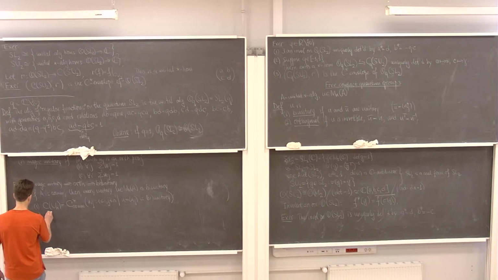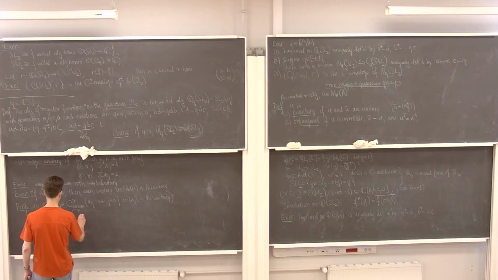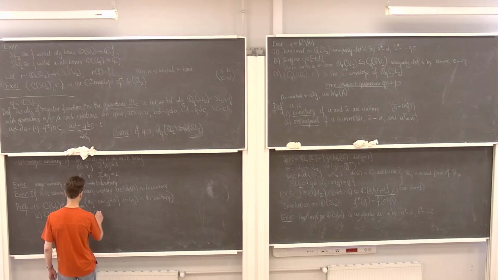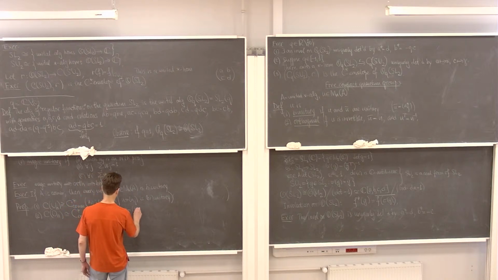Similarly, the algebra of continuous functions on the orthogonal group O_N is nothing but the universal commutative C-star algebra generated by the elements Uij, such that the respective matrix is orthogonal.